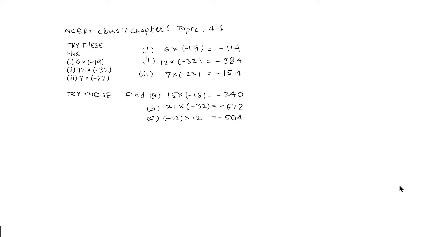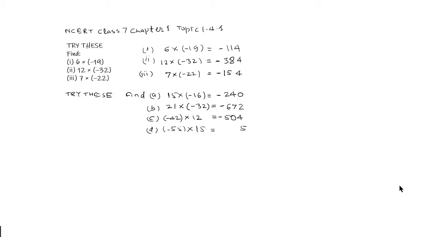Part D, minus 55 multiplied by 15. So 15 times 5 is 75. I put 5 here. We carry 7.